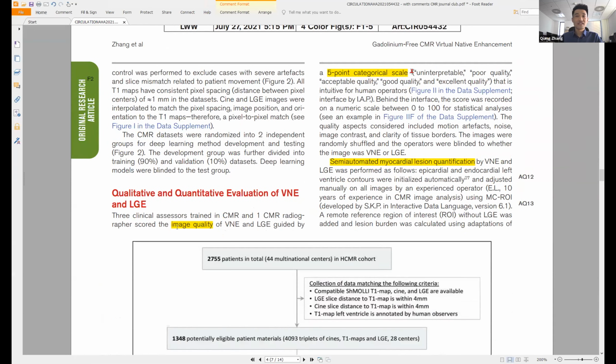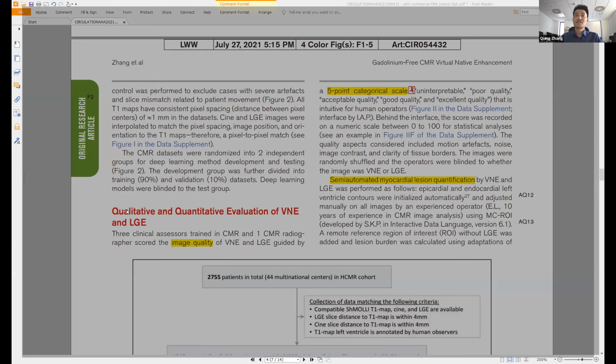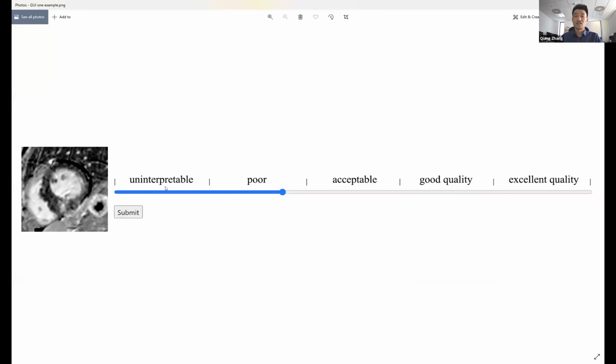So for image quality assessment of VNE and LGE, we asked 4 clinical assessors to score the image quality blindly, guided by a 5-point categorical scale. So let me show you in this picture. The image operator is guided by this 5-point categorical scale to score the LGE and the VNE image quality.